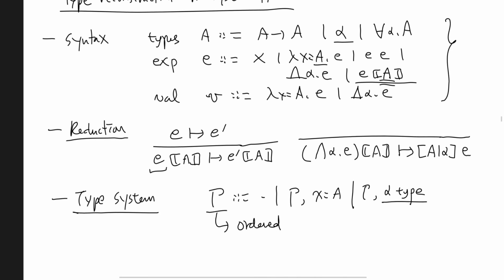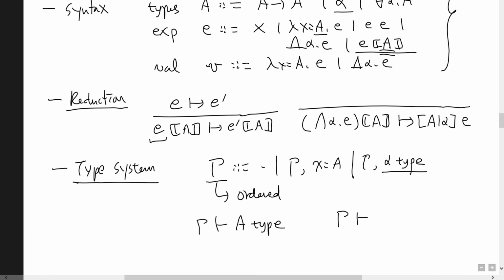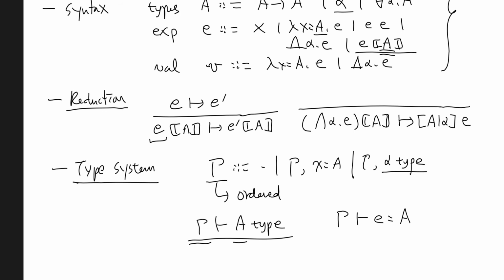And for judgment, we have two kinds of judgment. The first is type judgment, gamma turnstile A type, and the second is the ordinary typing judgment, which says under typing context gamma, expression E has a type A. And this type judgment says under typing context gamma, this A is a valid type, which implies that not every type is valid.